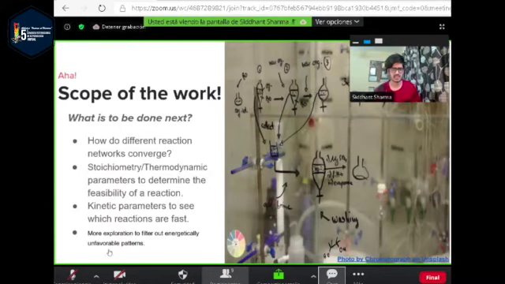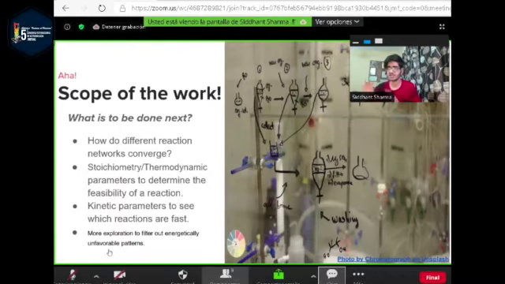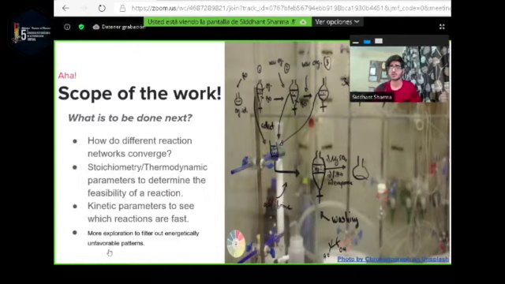Perfect. As I'm moving to the end of my talk, what is the future scope of this work and what could be done next? We decided to look at how different reaction networks, reaction A running the whole network or reaction B running the whole network, will converge and merge, and how they will behave if they're mixed and matched. Using machine learning techniques, we will definitely look forward to that. We would use stoichiometry and thermodynamic parameters like Gibbs free energy to determine the feasibility of our reactions running.